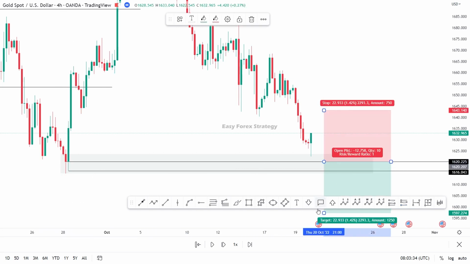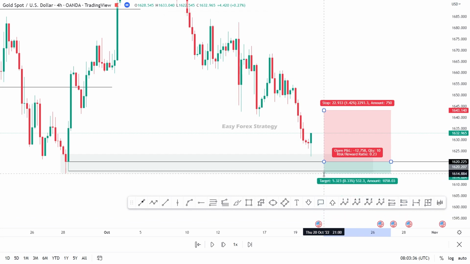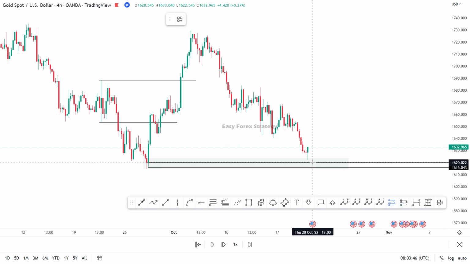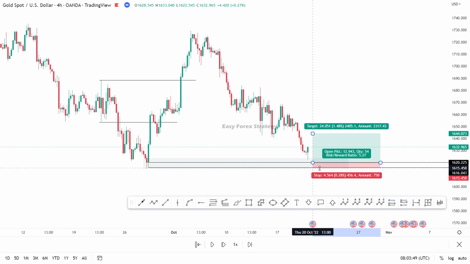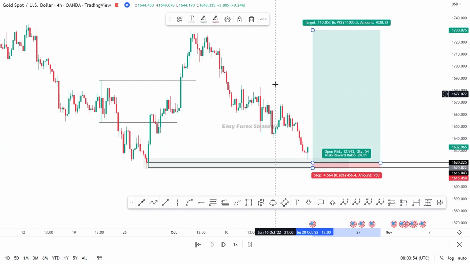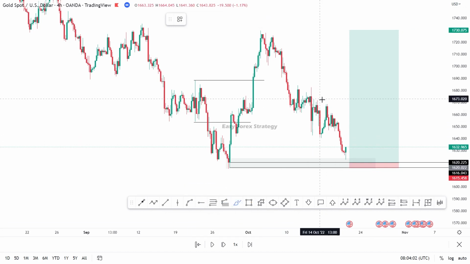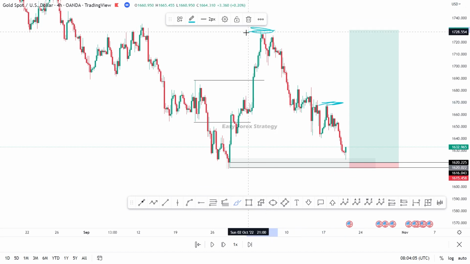Put your stop loss below. First target is this high. This is your first take profit here, not around this. Take profit around this area.